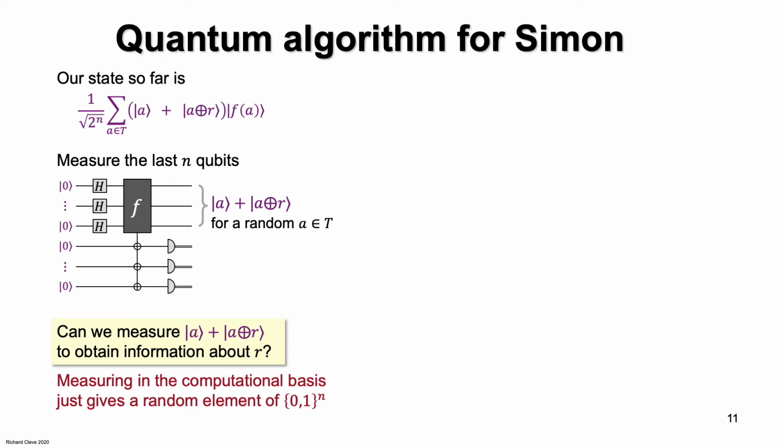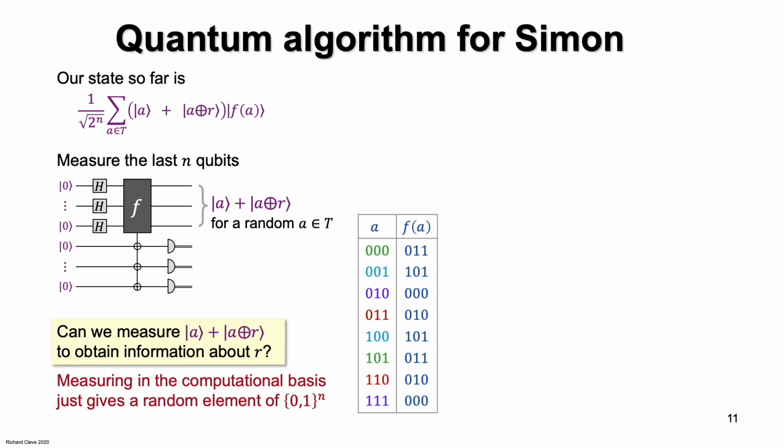If we measure in the computational basis, then it's like we first randomly choose a color. That's what happens when we measure the last n qubits. And then we randomly choose one of the two elements of that color. That's what happens when we measure the first n qubits. So the net effect of all this is that we just get a random n-bit string, which is devoid of any information about the structure of f.